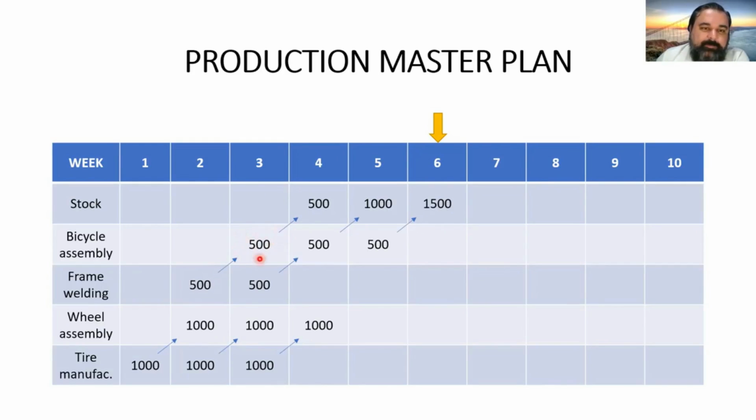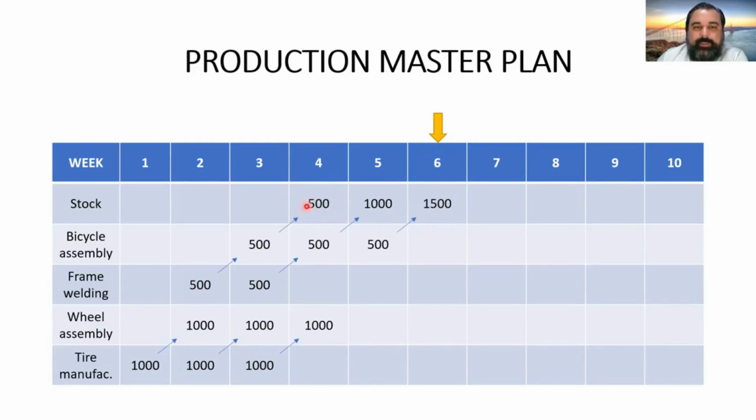And the bicycle assembly here will also require 1 week to finish this lot. So these 500 bicycles will be ready and delivered to the finished goods stock area 1 week later. As you remember, the demand was for 1,200 bicycles. We'll only have more than 1,200 bicycles in stock by week 6.